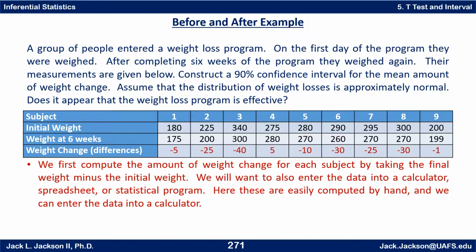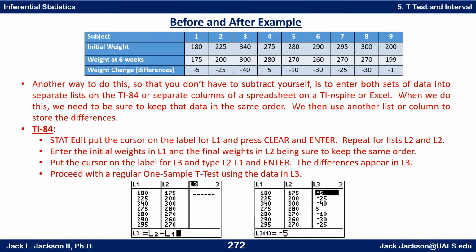Now maybe an easier way to do this would be to go to our calculator. In L1, say on a TI-84, enter the weights for the before, and put the final weights in L2 in the same order, so that corresponding things are lined up as more or less like an ordered pair. Then to get the differences, we're going to put those in L3, and the easiest way to do that is put your cursor on L3 on the label up here.